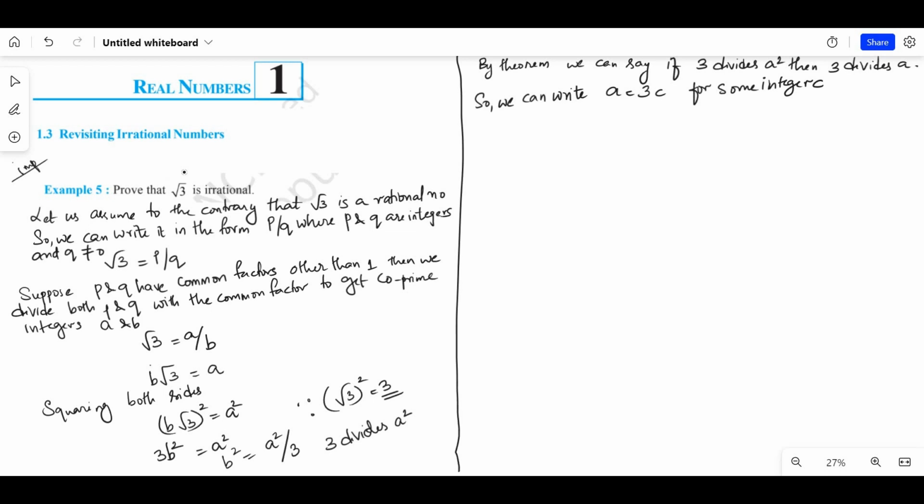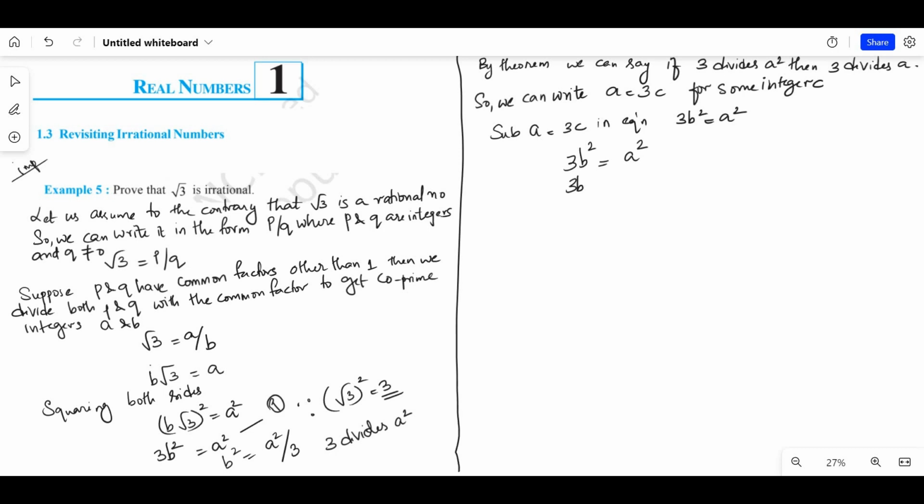So we are substituting a is equal to 3c in the equation 3b square is equal to a square.